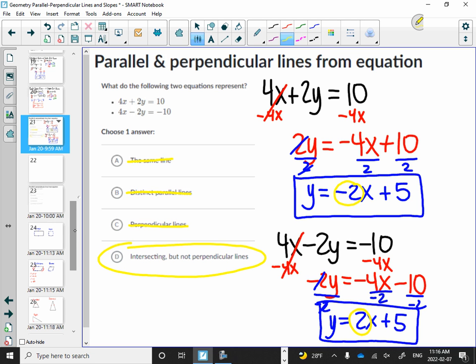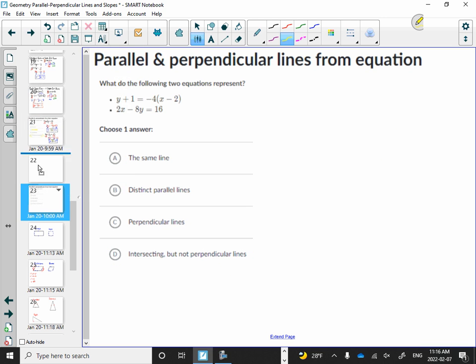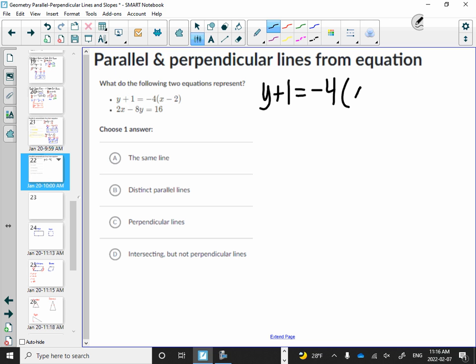Everybody ready? Okay. We've got these two lines. I'm going to rewrite it so you can see it a little bit better. What form is this? That is point slope.